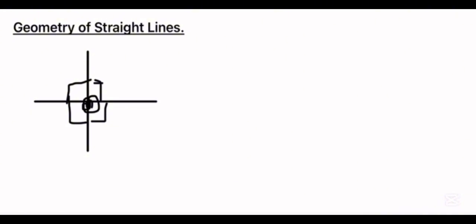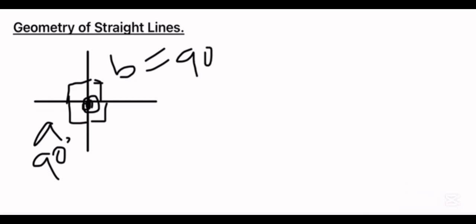Now, another angle we are going to be considering is vertically opposite angle. Now, this is angle A, and this is an angle B. Angle A and angle B are vertically opposite. If angle A is, say, 90 degrees, angle B is automatically equal to 90 degrees because vertically opposite angles are equal.